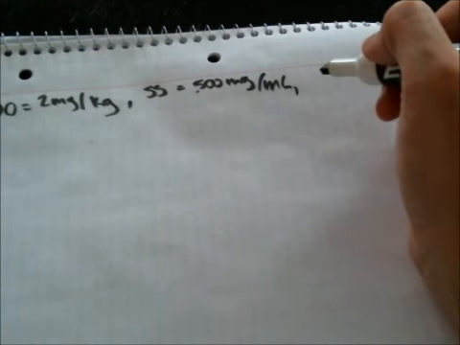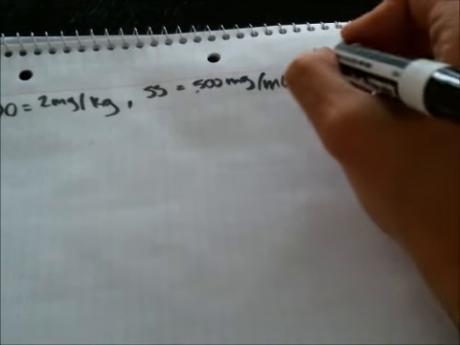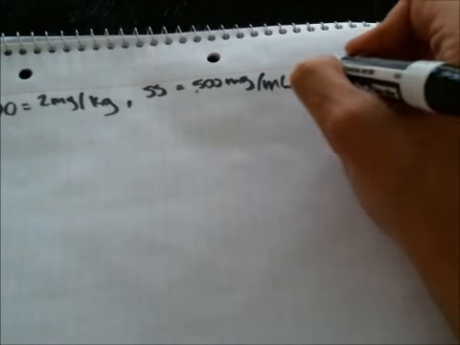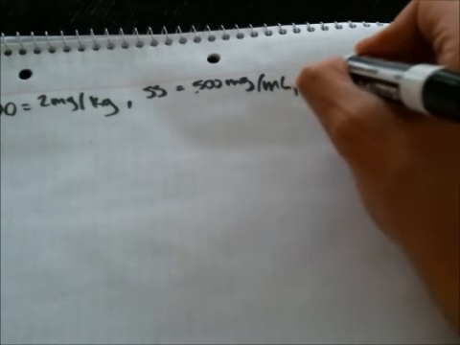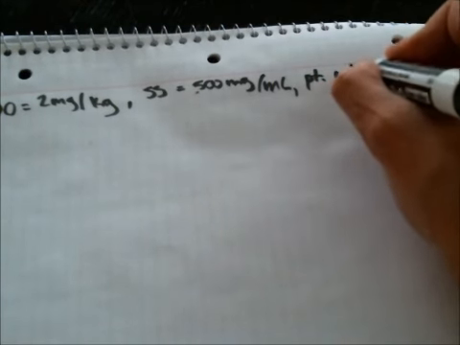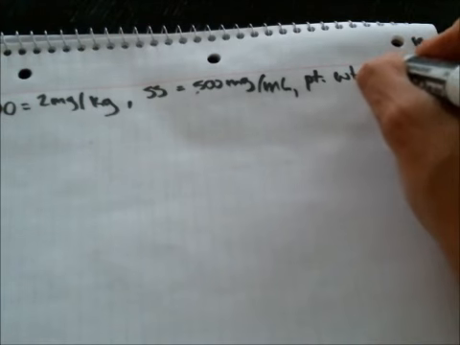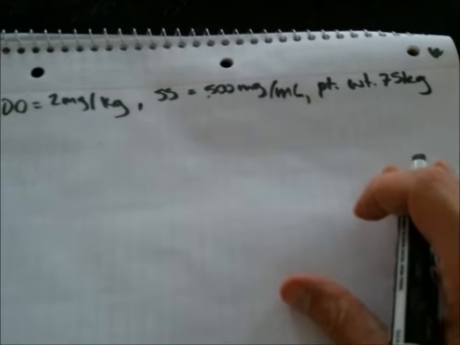And another important piece of information that we need to know is the patient's weight, which is 75 kilograms. So patient weight is 75 kilograms. Can you see that? Okay. So that's the information we've got.